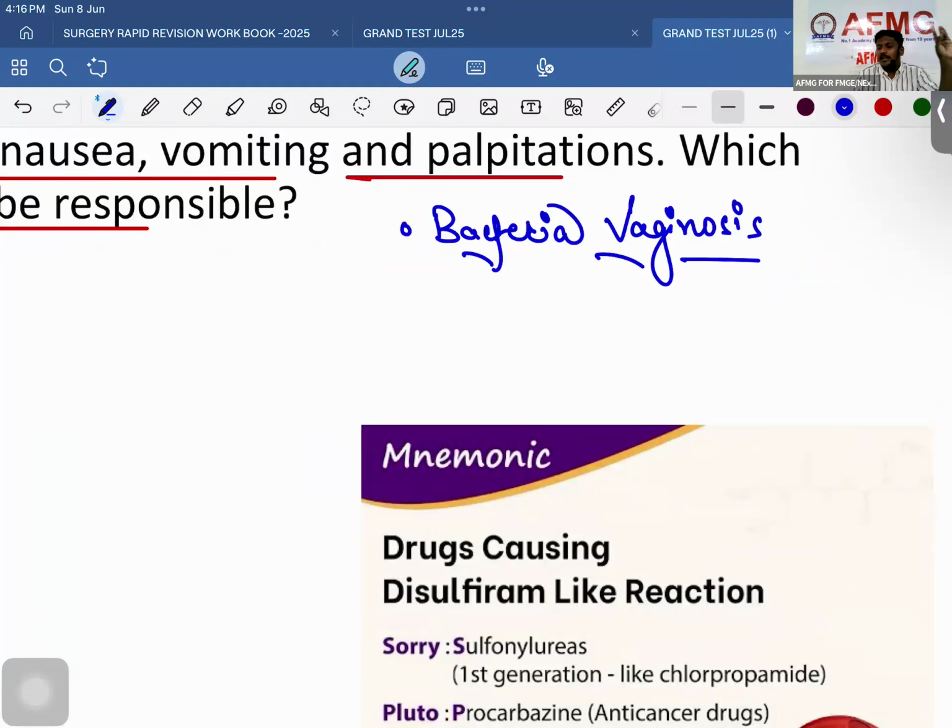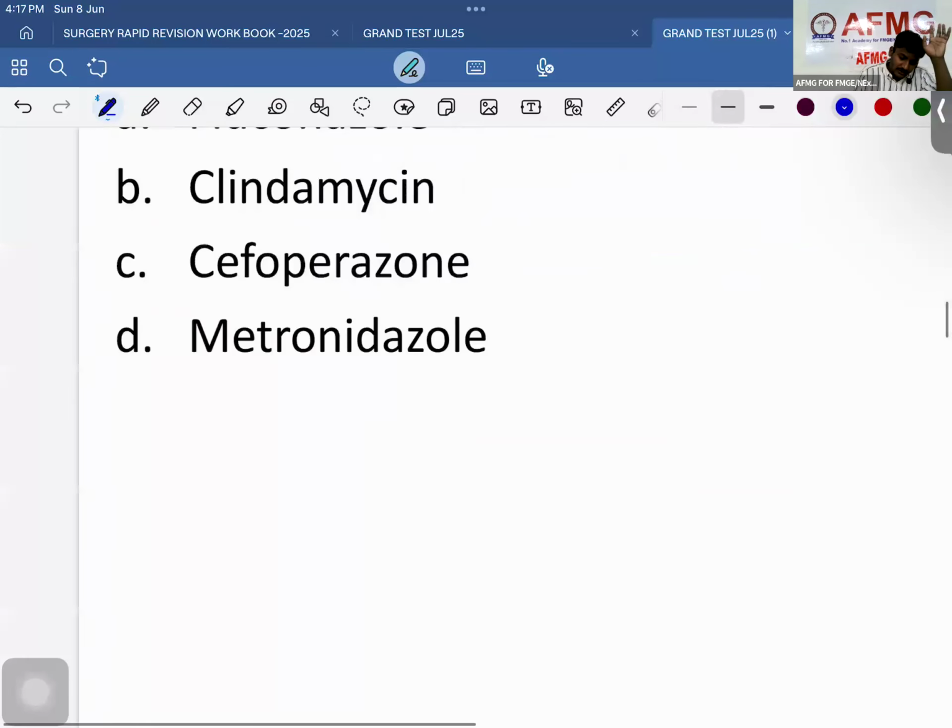Definitely there should be a grayish or whitish vaginal discharge along with clue cells, along with pH more than 4.5, and last important, that is Nugent score. One is whitish vaginal discharge, second is clue cells, third is pH more than 4.5, and the whiff test positive, that is adding 10% KOH will give you a very fishy odor. That is important. In bacterial vaginosis the drug of choice is metronidazole.